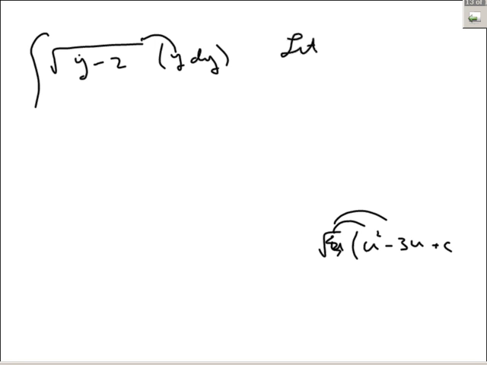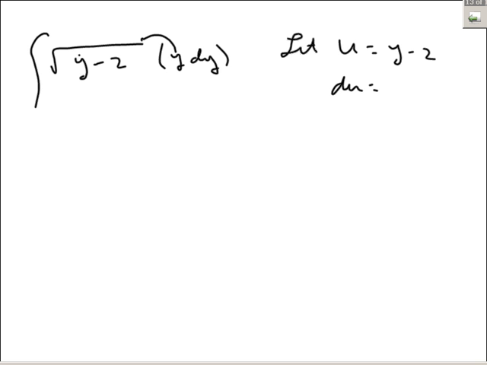Because this is really u to the half. So I'm going to let u be y minus 2. Well, then du equals, the derivative of this is 1 times dy.